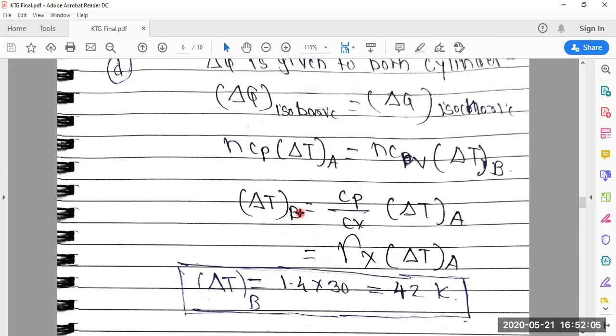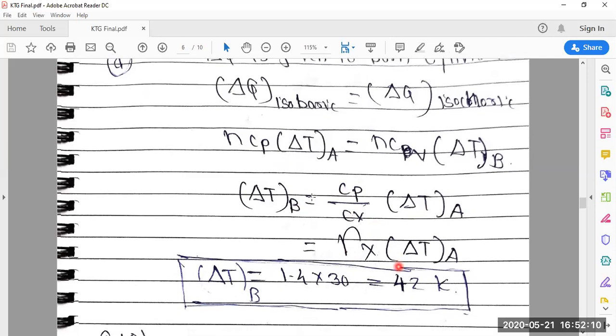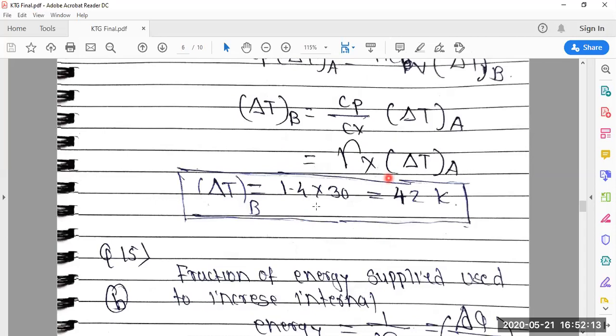The ratio is gamma, so put the value of gamma, 1.4. The change in temperature is 30 Kelvin. Then we can calculate the change in temperature for cylinder B, and we get 42 Kelvin. So for question number 13, the correct option is D. The temperature increases by 42 Kelvin.